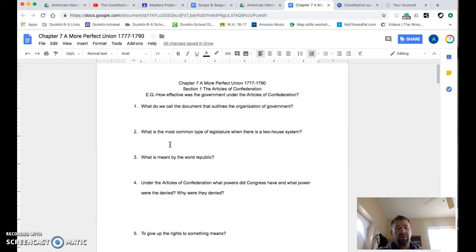Okay, so what we're looking for is to come up with a way of not having a monarchy. So this is where we get our next question, which is, what is meant by the word republic? All right, let's get an answer for that one. Very good. Yes, a republic is a representative government, right? We're looking to come up with a way to not have a monarchy.